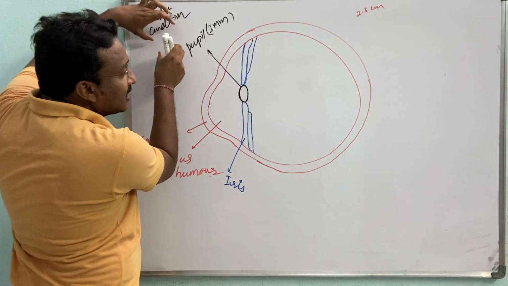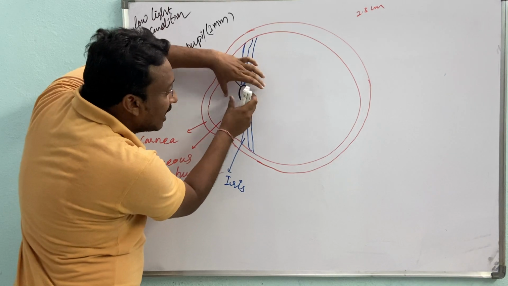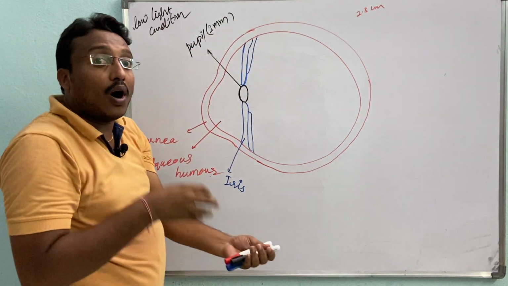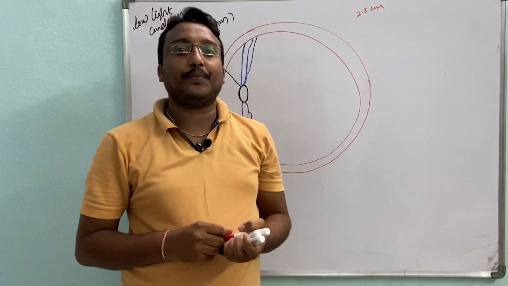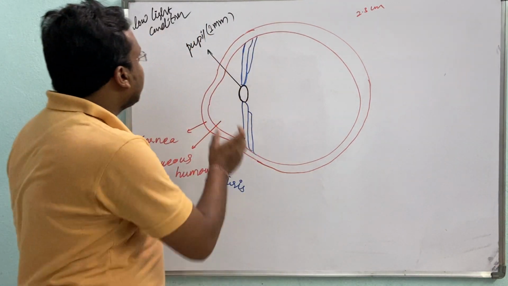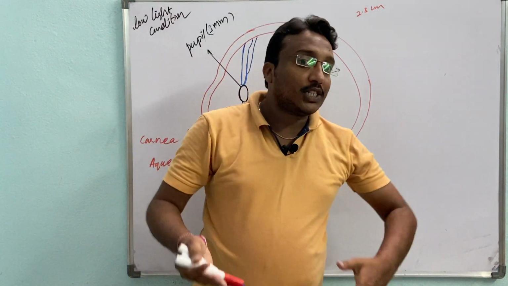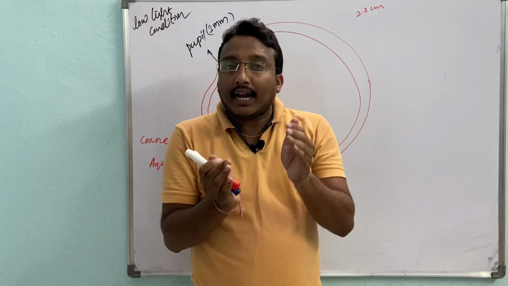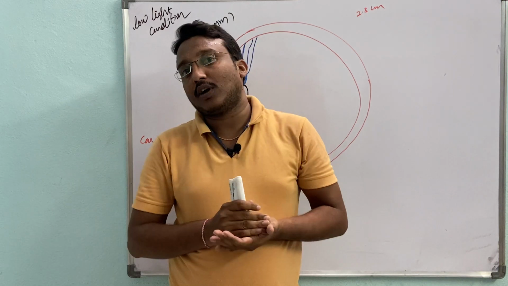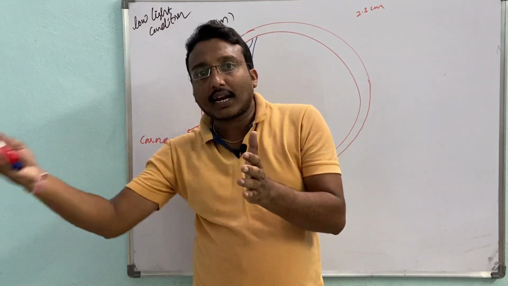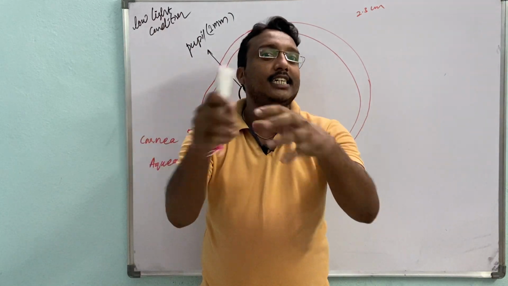In low light conditions, the iris makes the pupil expand to allow more light into our eye. To form a sharp image, we require a sufficient amount of light. When we enter dark rooms, the intensity of light is less.